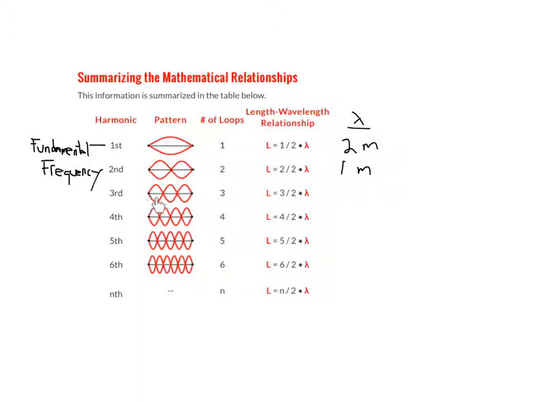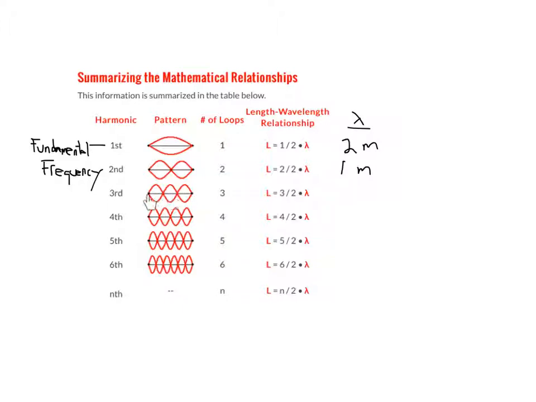We get to the third harmonic, and we'll have to think a little bit here, but now there are three half waves on the 1 meter string. So two half waves make a wave. The easiest way to think about this is each half wave must be 0.33.